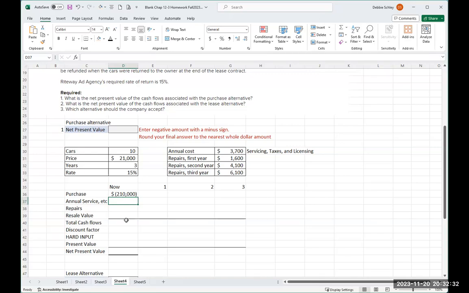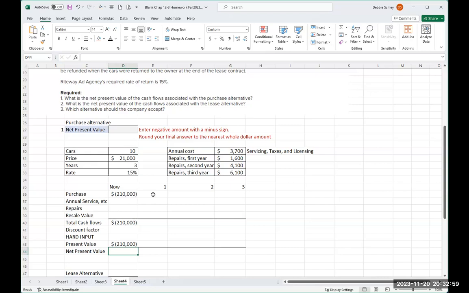And that's all that goes in now. And this is year 0, so there is no discount factor. This is now. So that just equals that. And we'll get to that in a minute.